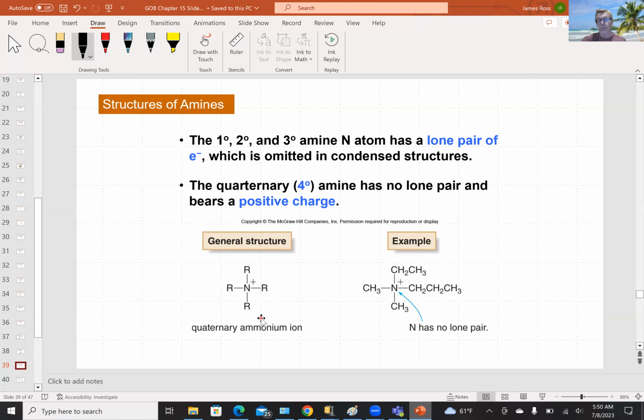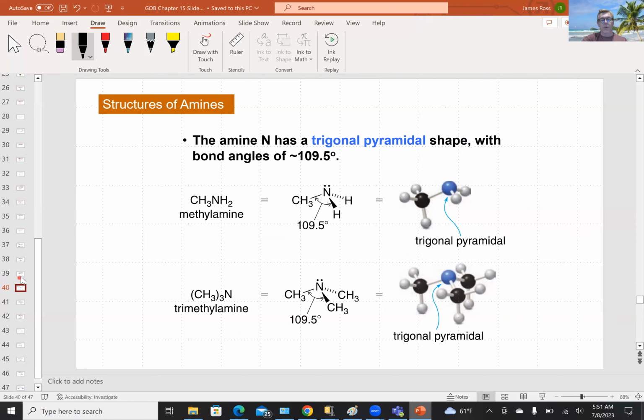We formed a fourth bond using the lone pair, but in doing so, we've pushed our electrons away from ourselves, and we've therefore picked up a positive charge. So this quaternary amine has a unique structure, and it has a positive charge, and it's sacrificed its lone pair. So very, very altruistic.